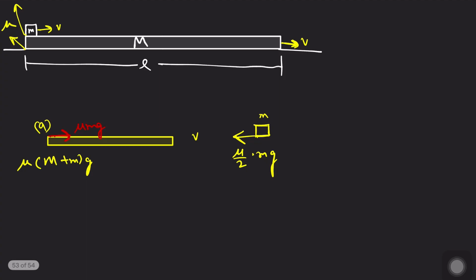The first thing is that we got the direction of the friction force. Now we will write the accelerations of the individual blocks.